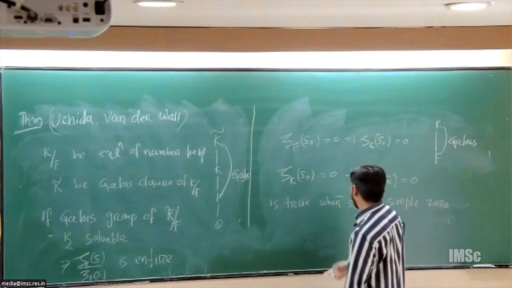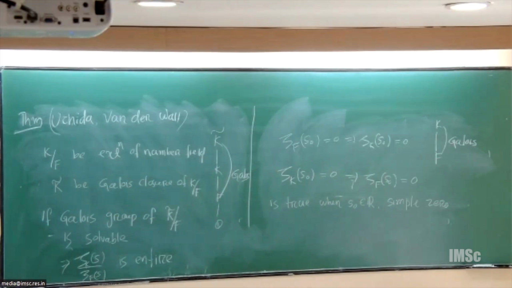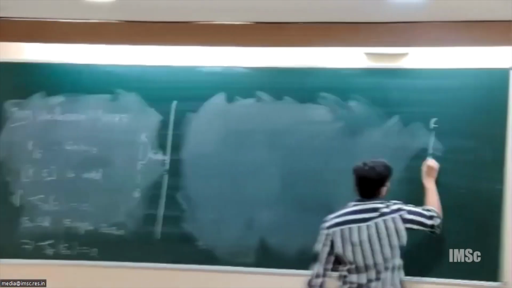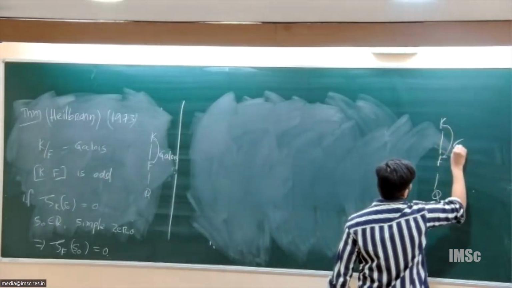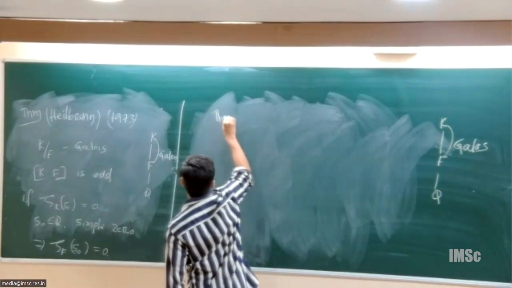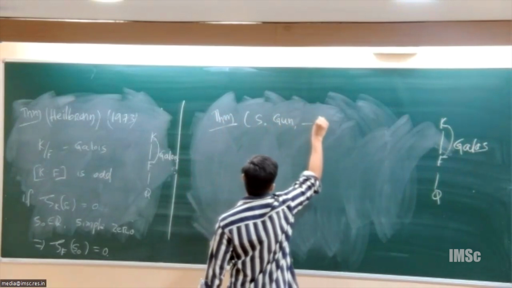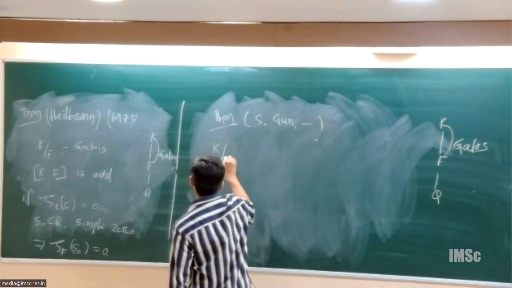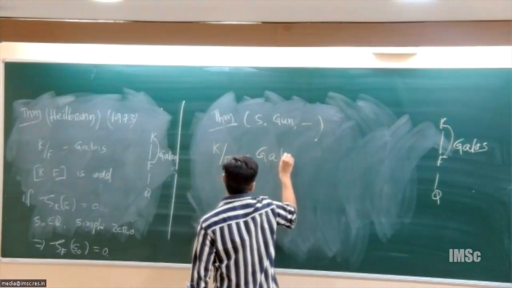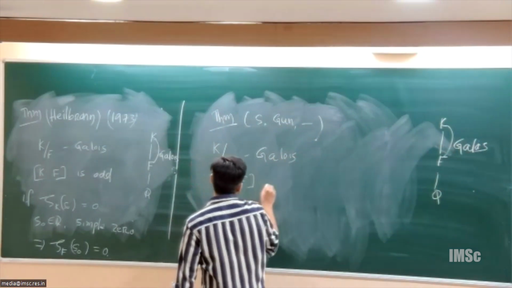So next we can ask, is it true for higher order zeros? In a recent work with my advisor, Professor Sanoli Gun, we have shown that, let K over F be a Galois extension of number fields such that the degree of K over F is odd.